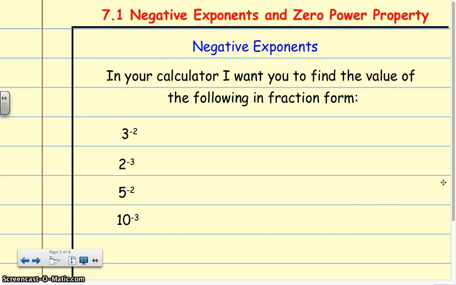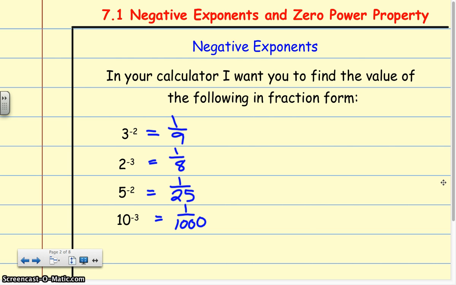When we put this into our calculator and convert it back into a fraction, we should get that 3 to the negative 2 is 1/9, 2 to the negative 3 is 1/8, and 5 to the negative 2 is 1/25. Notice a pattern. 10 to the negative 3 should be 1/10 cubed.